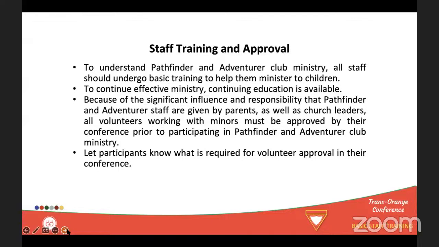Because of the significant influence and responsibility that Pathfinder and Adventurer staff are given by parents as well as church leaders, all volunteers working with minors must be approved by their conference prior to participating in Pathfinder and Adventurer Club ministry. Let participants know what is required for volunteer approval in their conference.